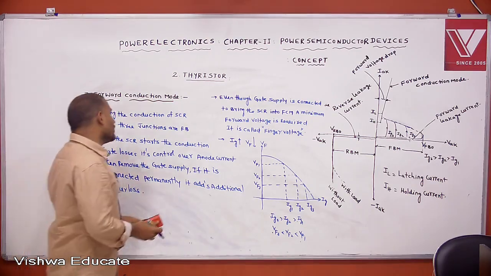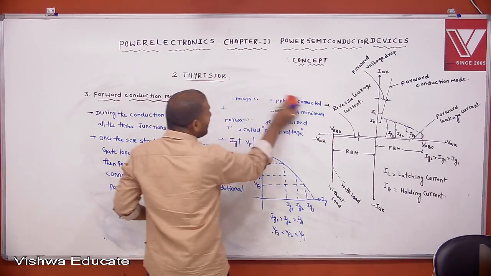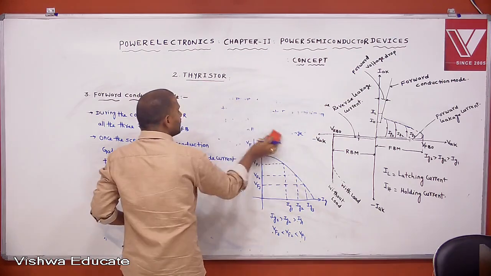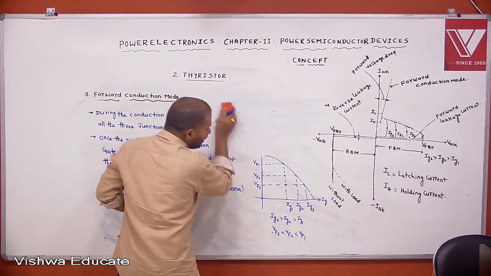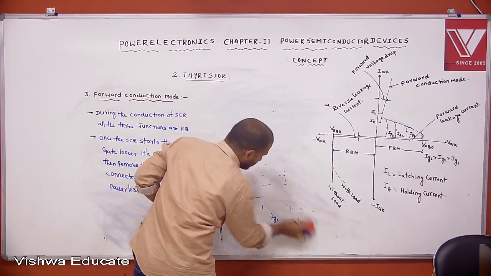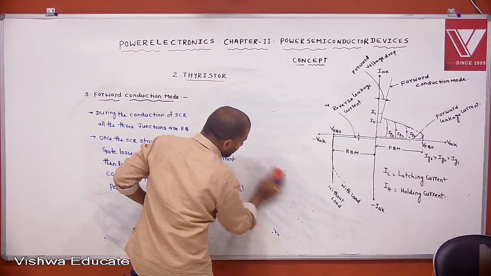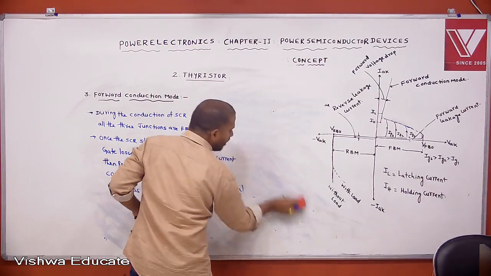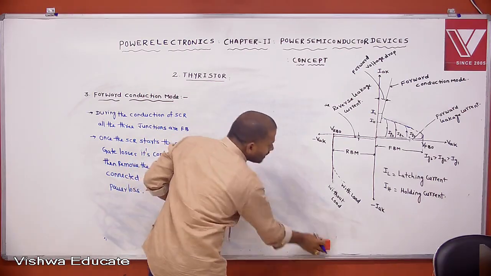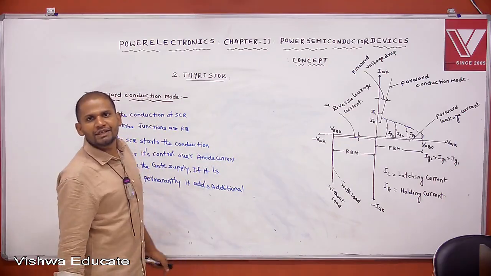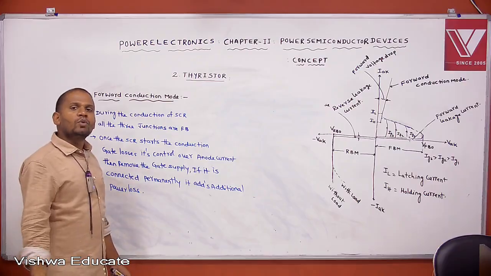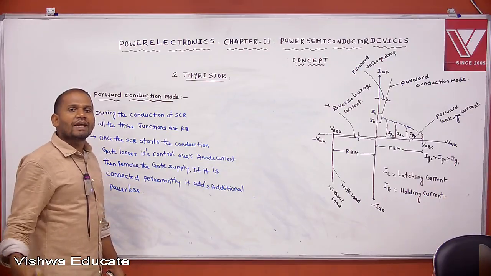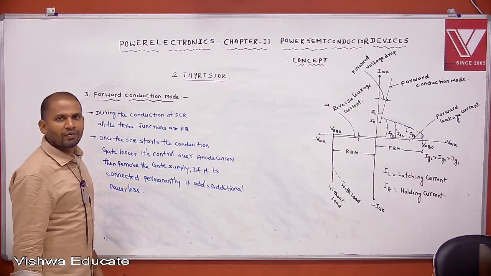But point to remember: at the time of removing the gate supply, current through the SCR must reach a minimum value of current. Very important concept. SCR starts the conduction, gate loses its control, then there is no use of gate supply, remove it.